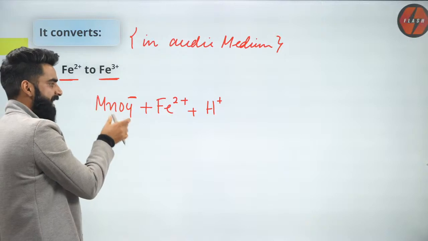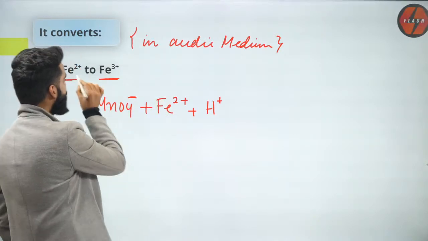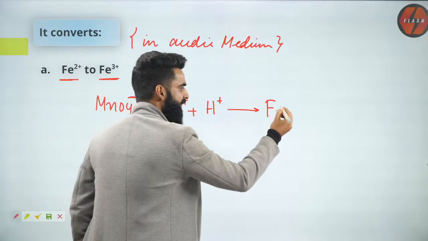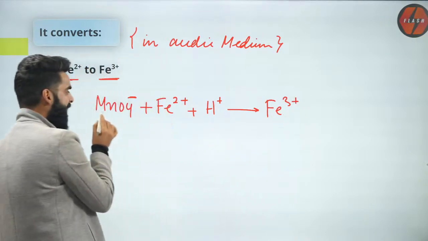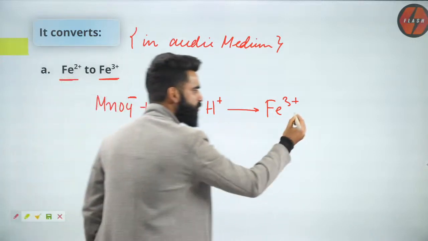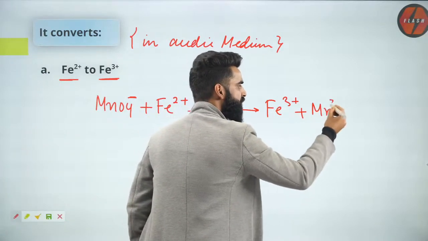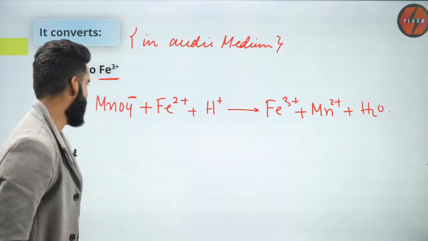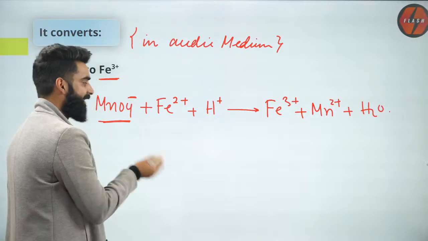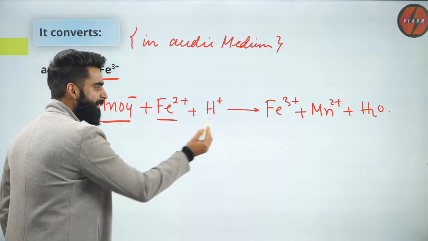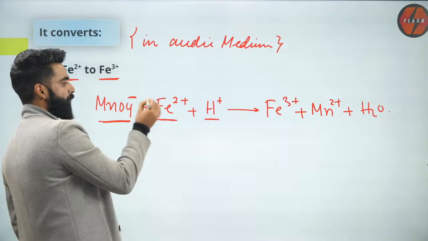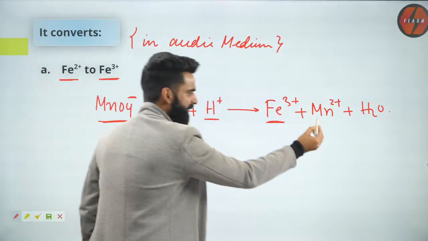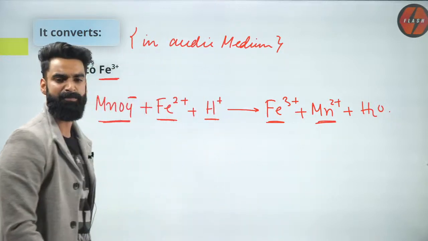In acidic medium, this MnO4⁻ changes to Mn²⁺, and with this, water will get released. This will be the reaction when MnO4⁻ reacts with Fe²⁺ in acidic medium: it converts Fe²⁺ to Fe³⁺, and itself gets converted to Mn²⁺.